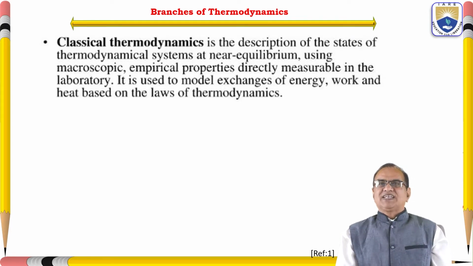Classical thermodynamics is the description of the state of the thermodynamical system at near equilibrium using macroscopic empirical properties, directly measurable in the laboratory. It is used to model exchanges of energy, work and heat based on the laws of thermodynamics.